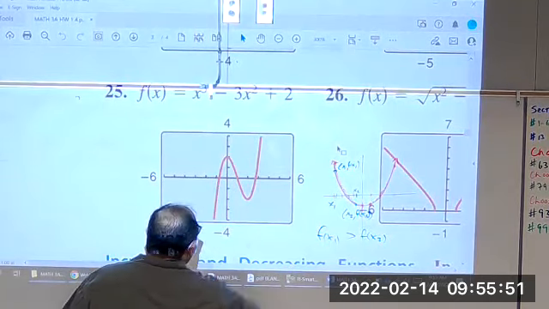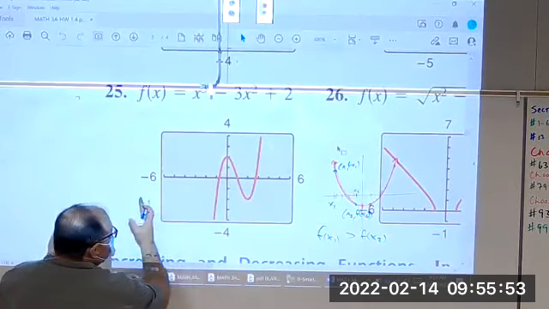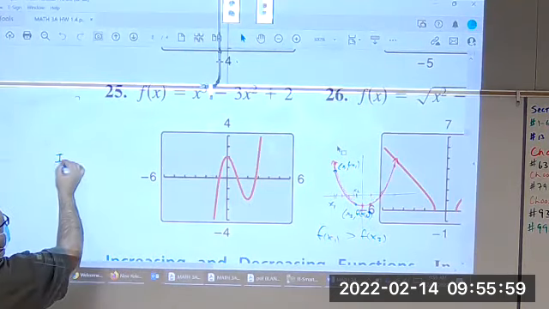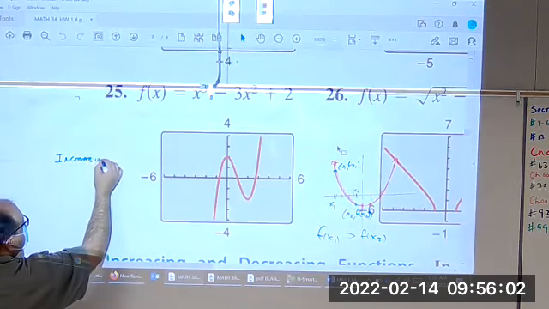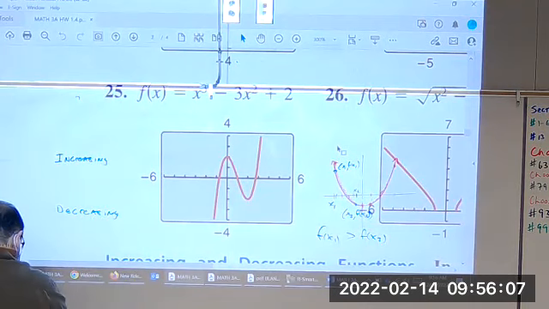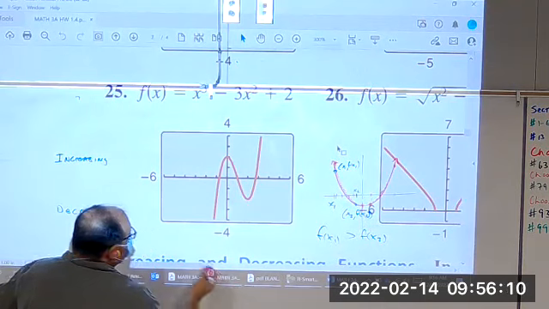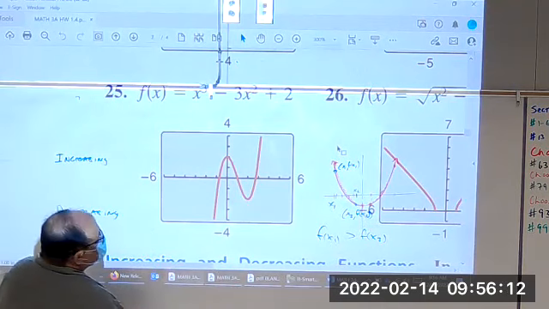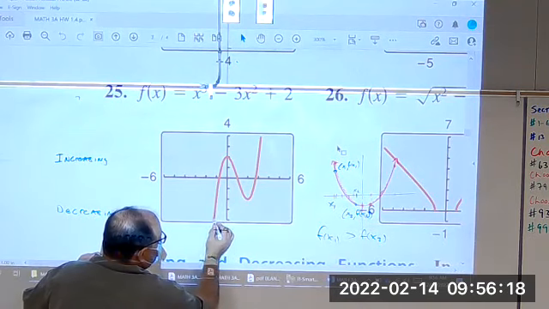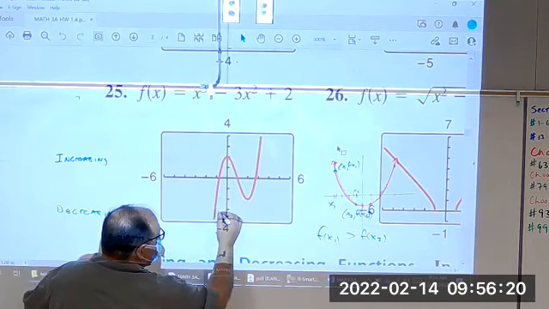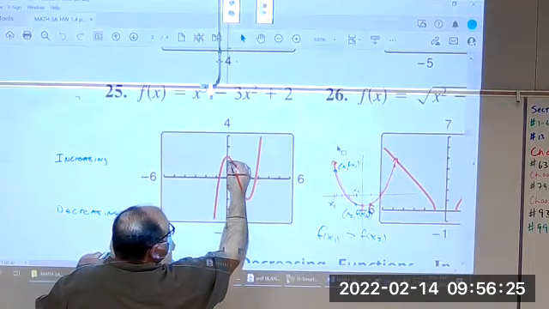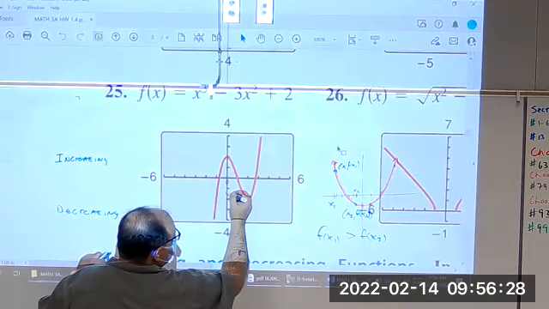Increasing and decreasing. So from left to right. From -infinity, as your x's increase, these y values are getting bigger and bigger and bigger until you get to x is 0.